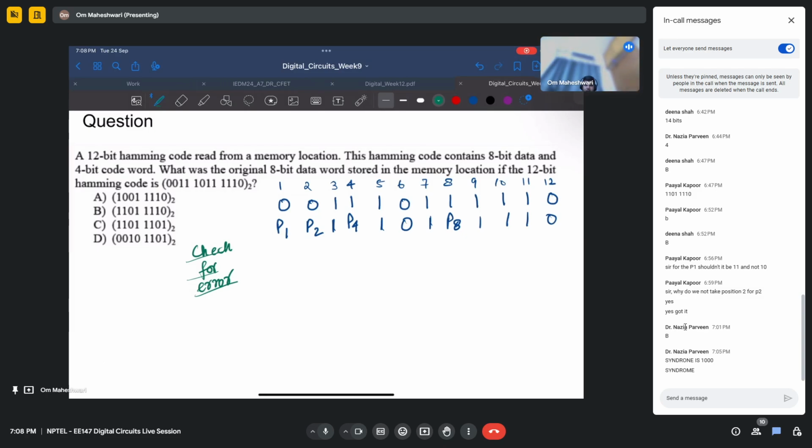So the syndrome is actually, okay, ninth bit in error. Is anyone else getting the same answer?